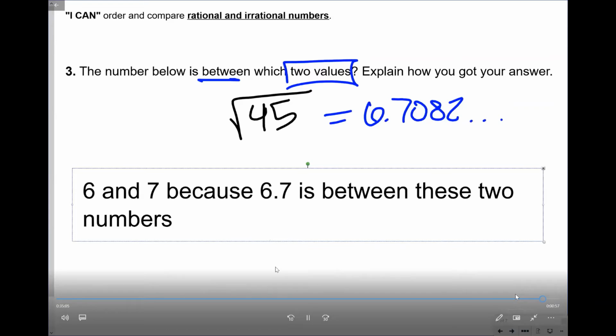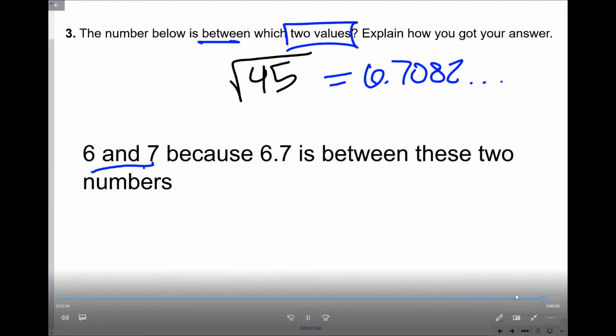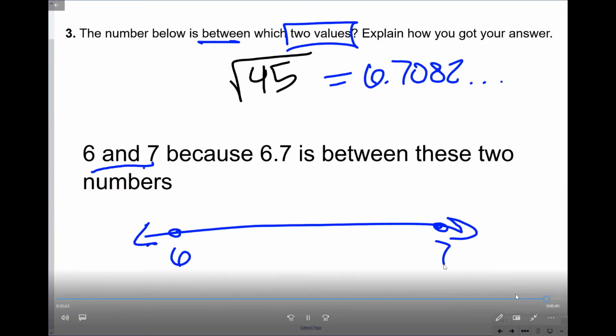Okay. If you have to visualize it, do a number line. Six, 7. What's in between? 6.7. Okay.